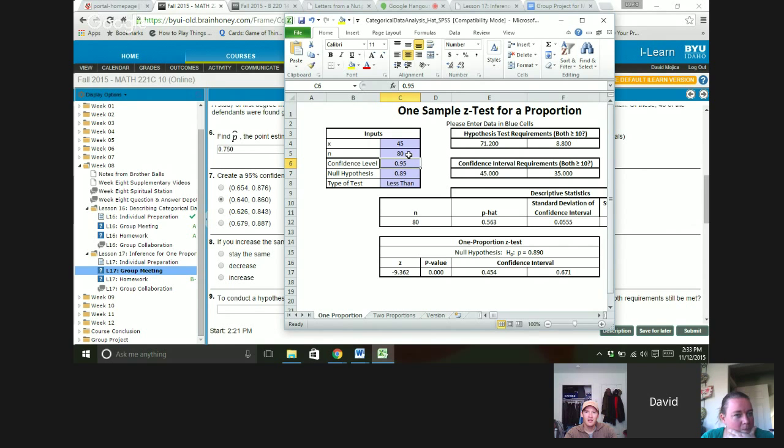Oh wait, no, the confidence interval is just what you're doing. It's either 95, 99, or whatever. So wouldn't it just stay the same? The 95% stays the same no matter what else you change. You can add 500, and that still is a 95% confidence level. The only time you change the confidence level is if you change it to 99% or 90%.